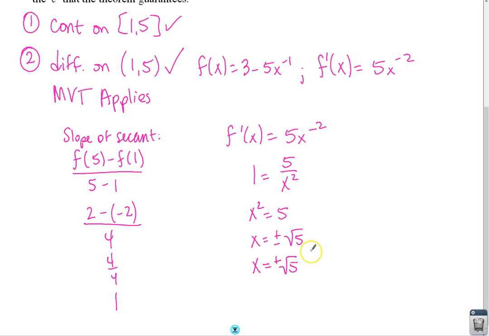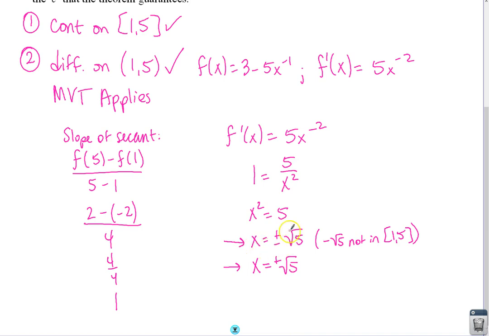Okay? And if you wanted to specify why, negative root 5 is not in 1, 5. It's not in the interval, okay? But whenever you're working these, you need to specify that you get both solutions, but then you also show that you're only going to keep one of them, okay?